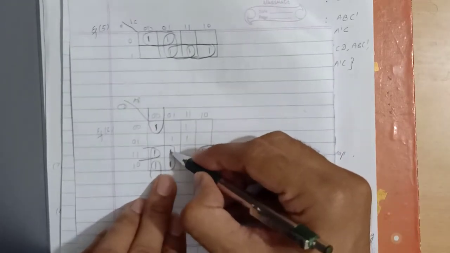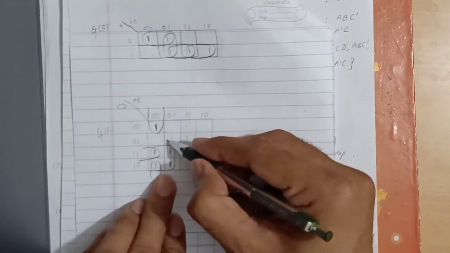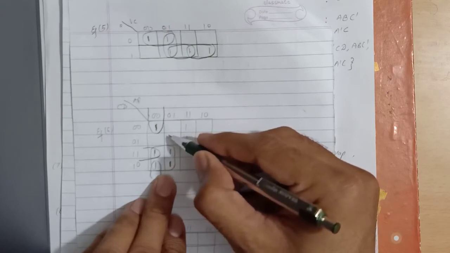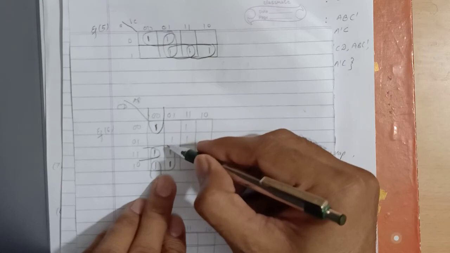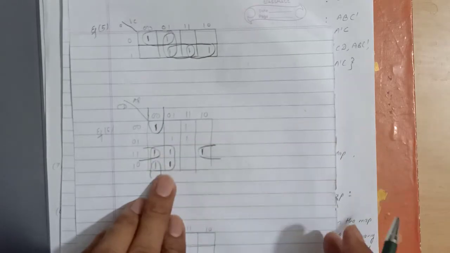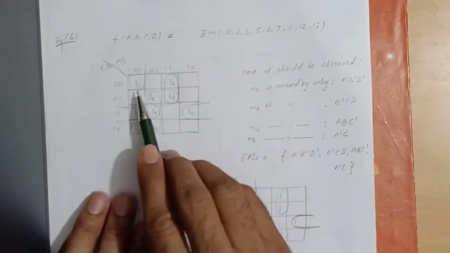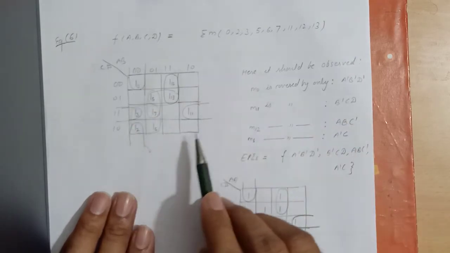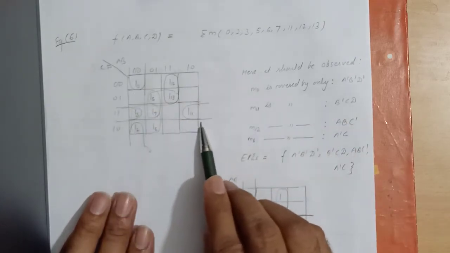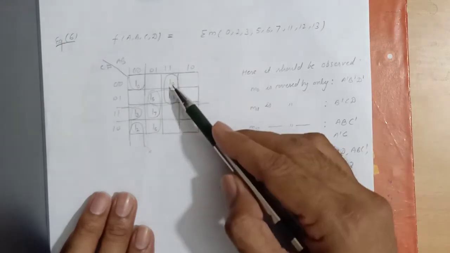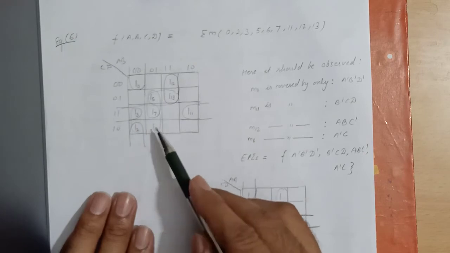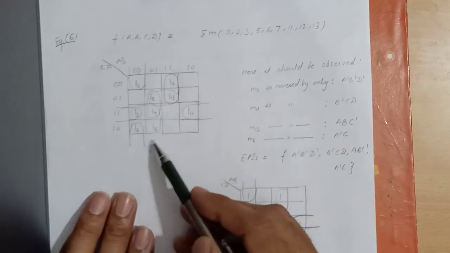If we look into this one, this is covered by this and this is also covered by this. Okay, so we cannot say whether it is essential or not. Okay, so if we look into here, this M0 is covered by this term and this term is covered by this M11. M12 is covered by only this prime implicant and M6 is covered by only this prime implicant.